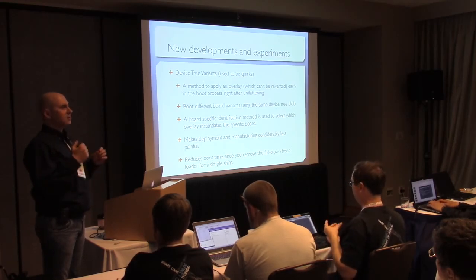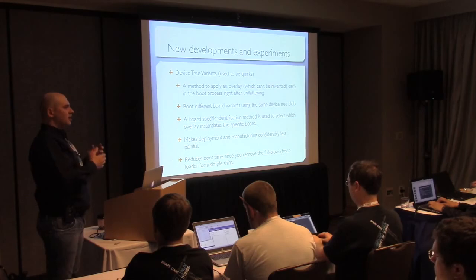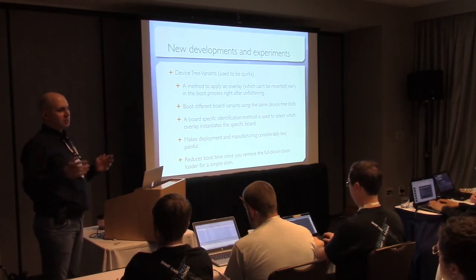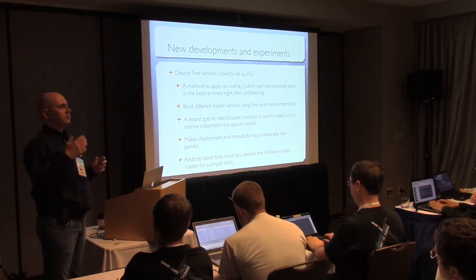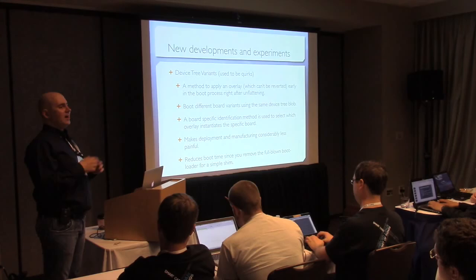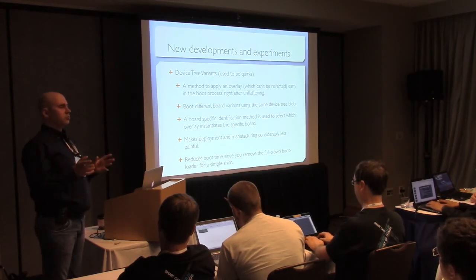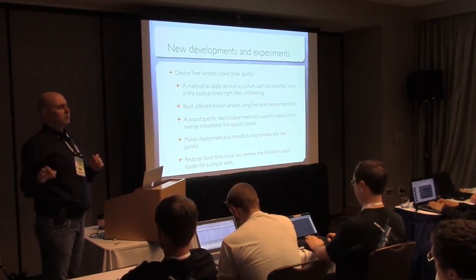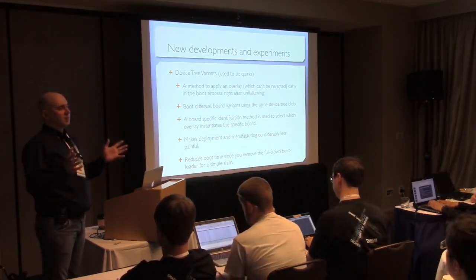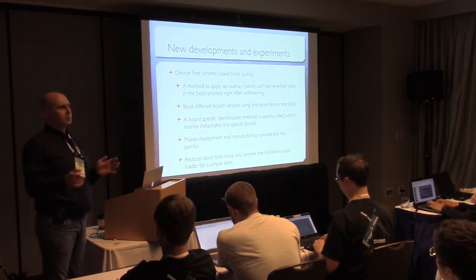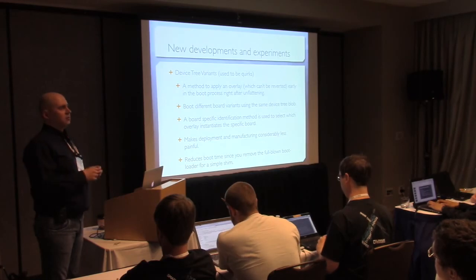One is that it's really hard to deploy. Say you have a board that has 10 revisions, then you need to ship 10 different device tree blobs. Since not everyone has the same revision, it's really hard to figure out if you missed something in an old revision, and then the boards get out of sync. You might get the latest revision board to work, but not the older ones.